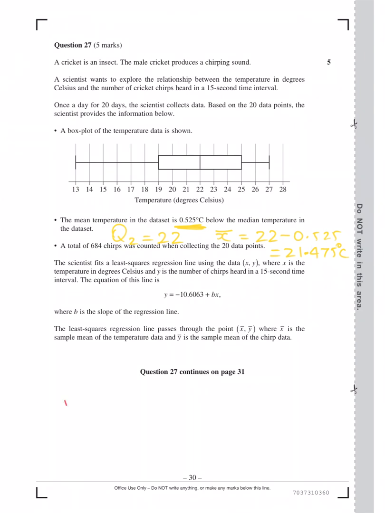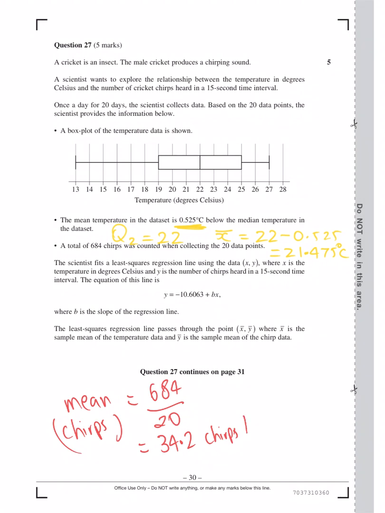So my mean for the chirps is going to be 684 divided by 20, which gives me 34.2 chirps per day as my mean, where this mean here was the mean temperature.